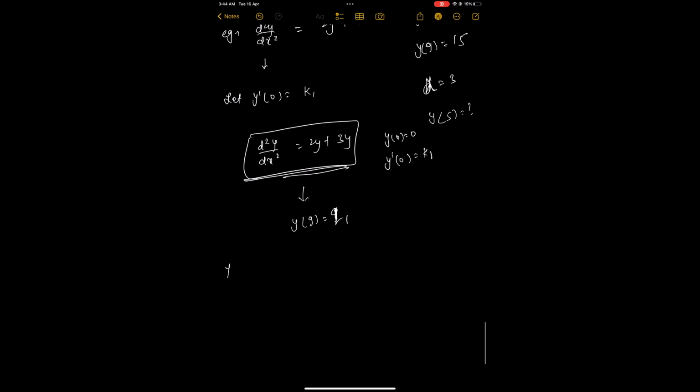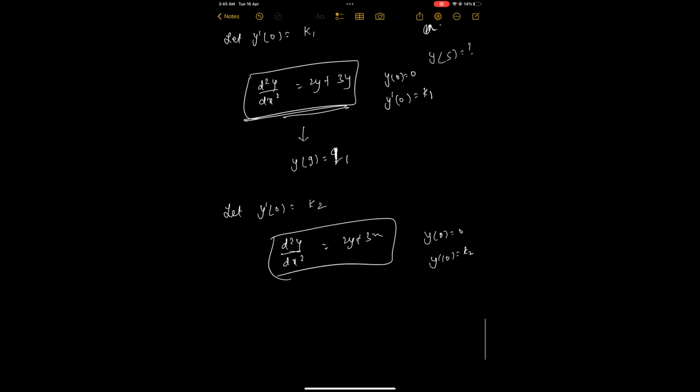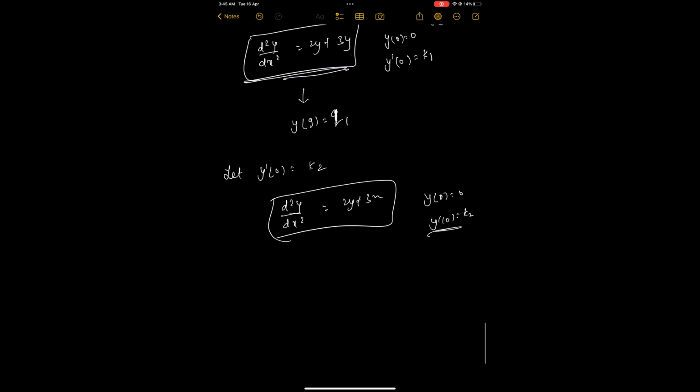Then we again change our assumption. Let y dash of 0 equal something k2: d2y by dx2 equals 2y plus 3x, y of 0 equals 0 and y dash of 0 equals now k2. So this is again a similar problem we have seen in the RK4 method for second order ODEs.